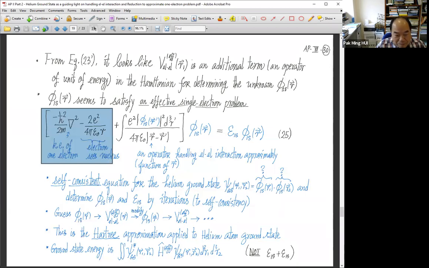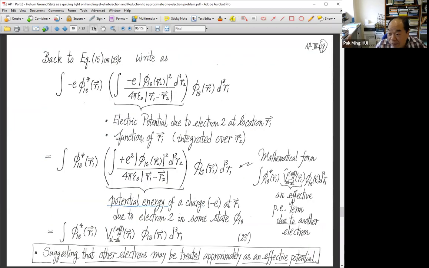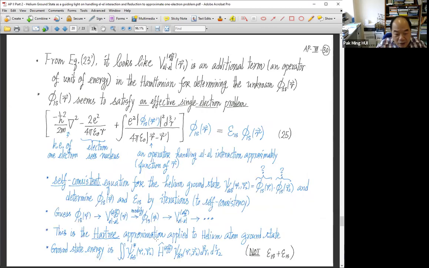But after much work interpreting how we calculate the Coulomb repulsive energy, at the end, it looks as if, given that electron 2 is in this 1s state, it will contribute an effective potential on the electron that I am focusing on. So I will take this integral.